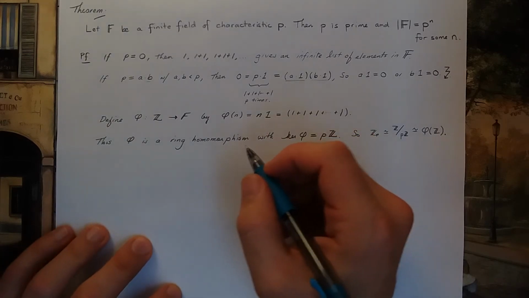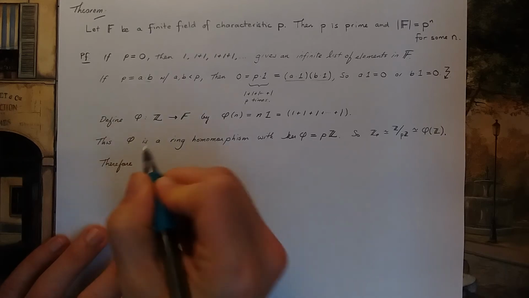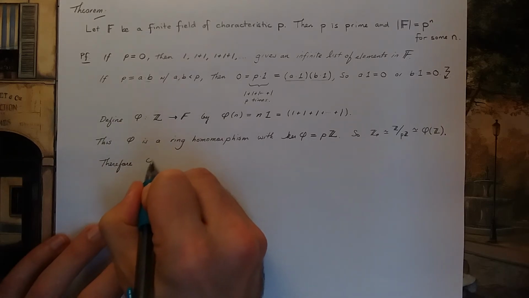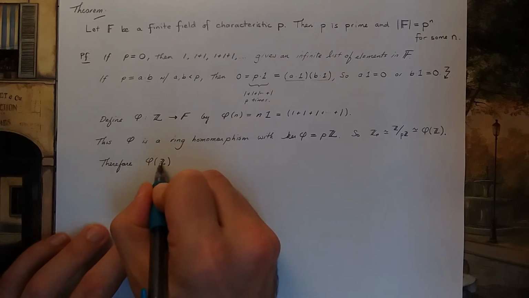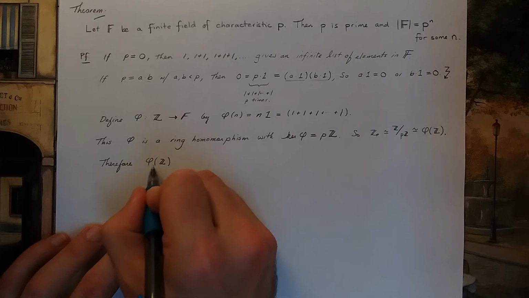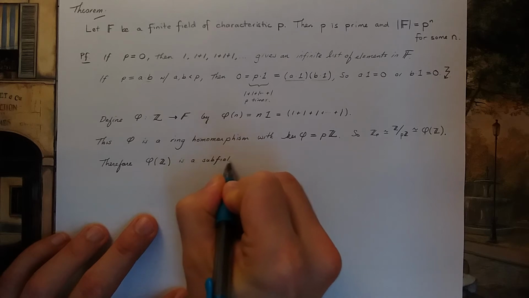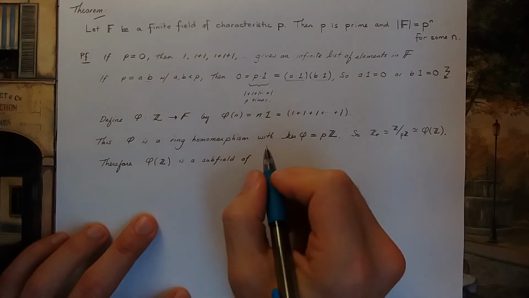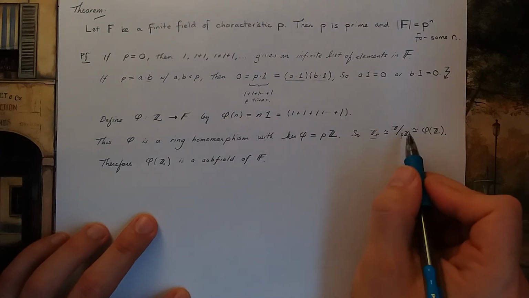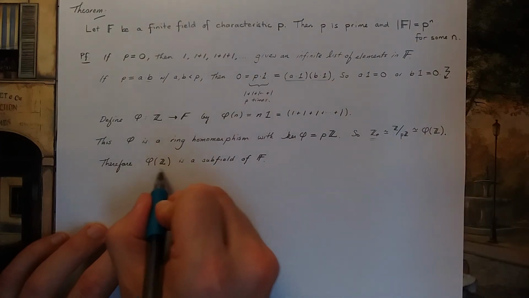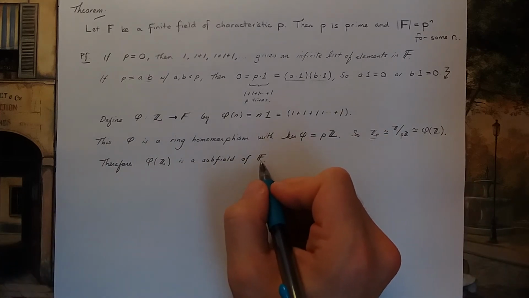Okay, so this means, therefore, phi of Z, the image of the integers under phi, is a subfield of F. Z_p is a field, and so I have a copy of Z_p within the field F, the finite field.